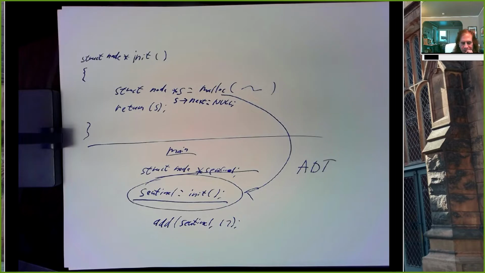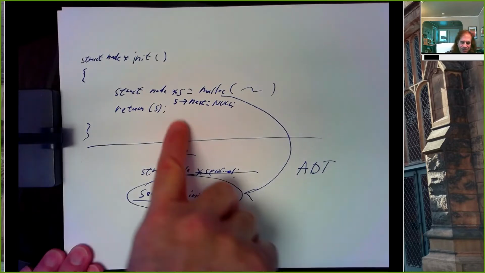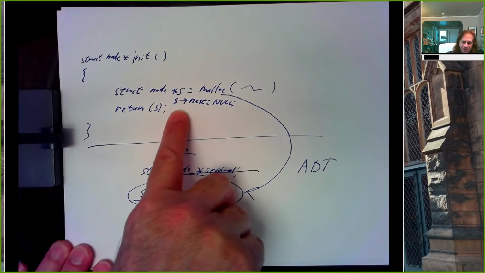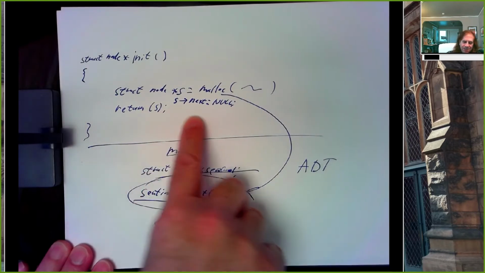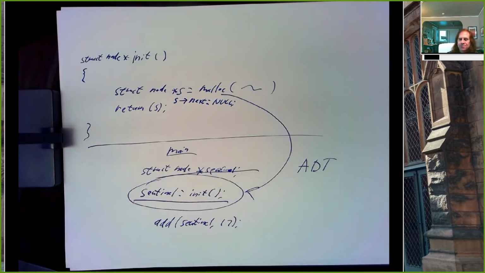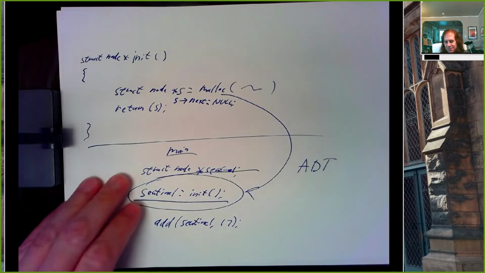So in PA1, get node would give us a number like 5, and then when we wanted to use that node, we would say list array bracket 5 dot data equals such and such. And here we get a number from malloc, which we're saving in a variable s, and we just do s arrow whatever to start using that.